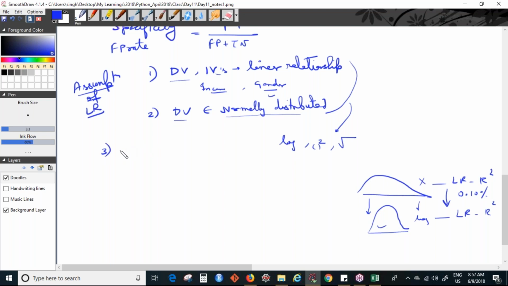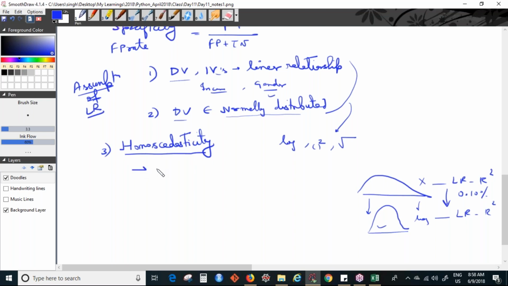Now, other assumptions. One assumption is of homoscedasticity. So next is that of homoscedasticity. What does this mean?